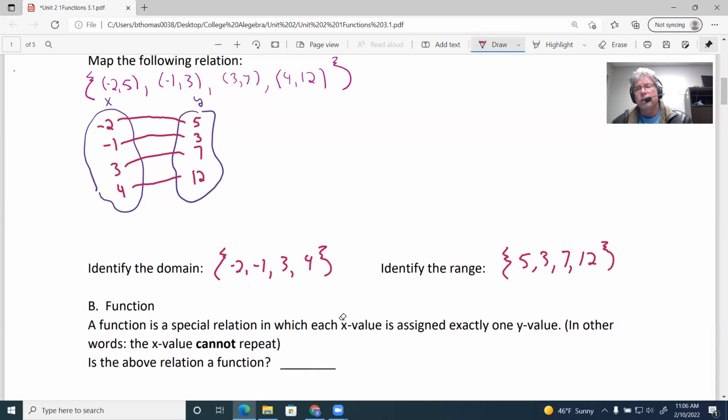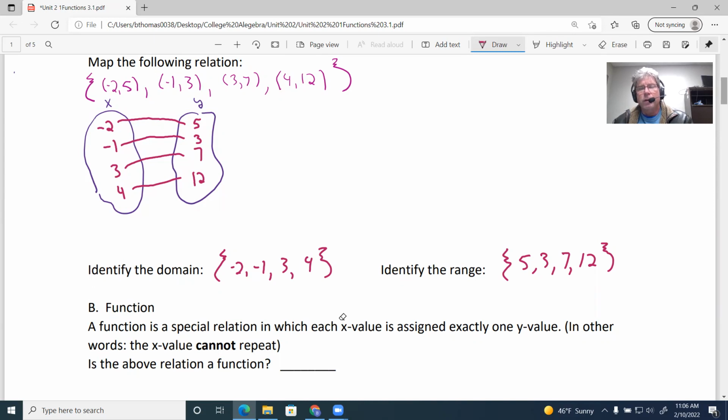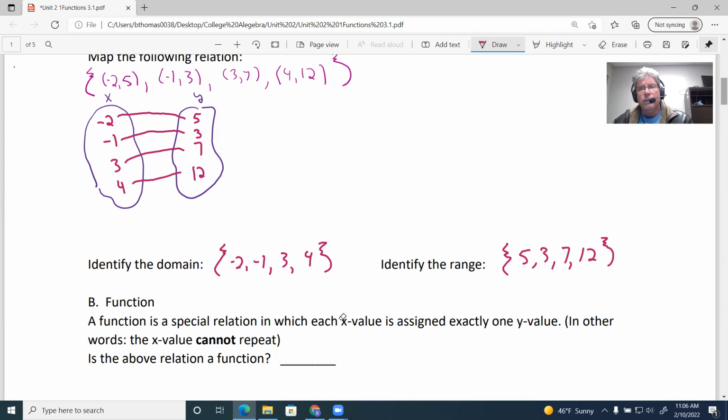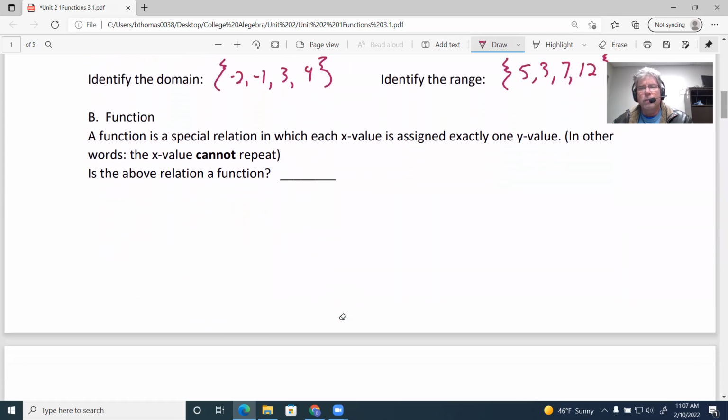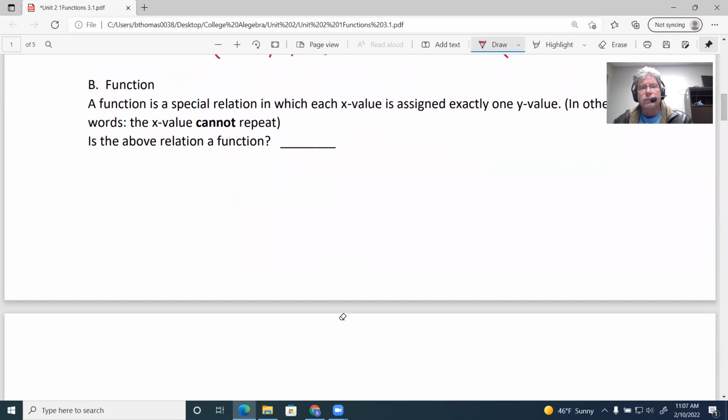So they're essentially the y values listed. So that's what a relation is. A relation right now is basically a set of ordered pairs. And then the domain is going to be the x values, and the range is going to be the y values. And they're going to lead us to our next topic, which is what we call a function.